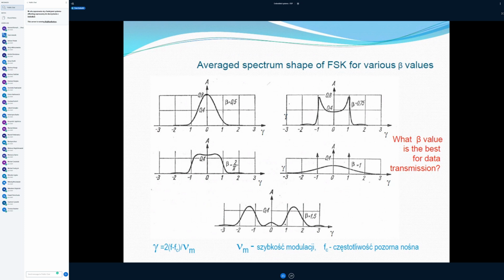And that's why in radio transmission, for example, beta indices are very big. For example, they are equal to 20. So the spectrum is really very, very wide. In the middle, there is not much energy. At the end of the band, there is more, but the good thing is that we can represent the amplitude of the signal very, very well and precisely.